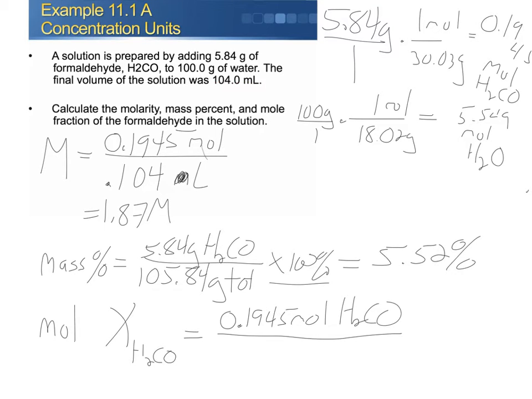And if we add that up with the water, we get 5.7435 moles total for a mole fraction of, this one is not times 100% because it's just a fraction, 0.0339.